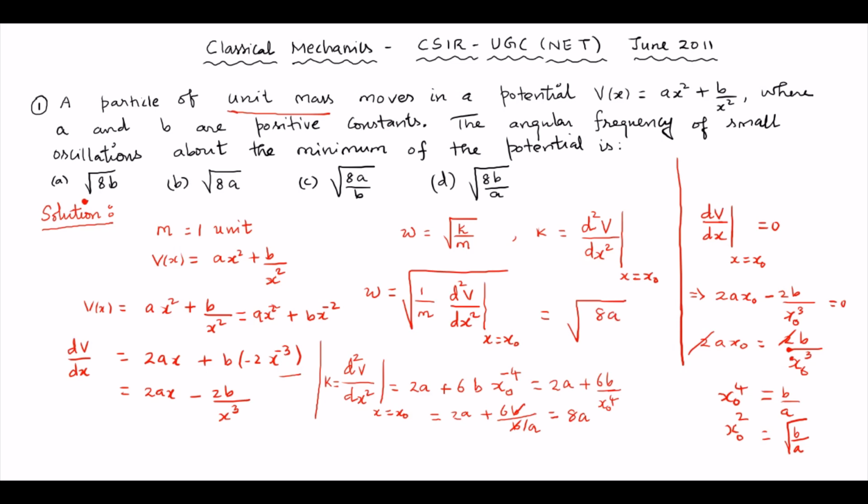The mass of the particle is 1, therefore the answer is square root of 8a. So the answer is B. This is a CSIR part B question.